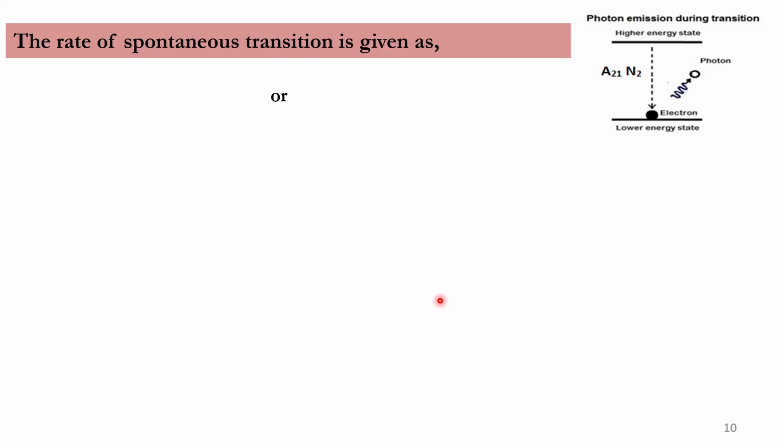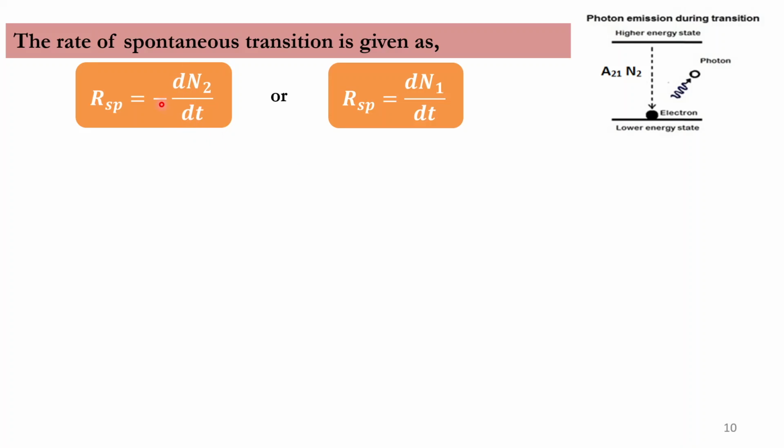Now in this process, the rate of the spontaneous transition, given as R spontaneous, is equal to minus dN2 divided by dt. The negative sign indicates that there is a decrease in the population at the higher energy level during the transition.